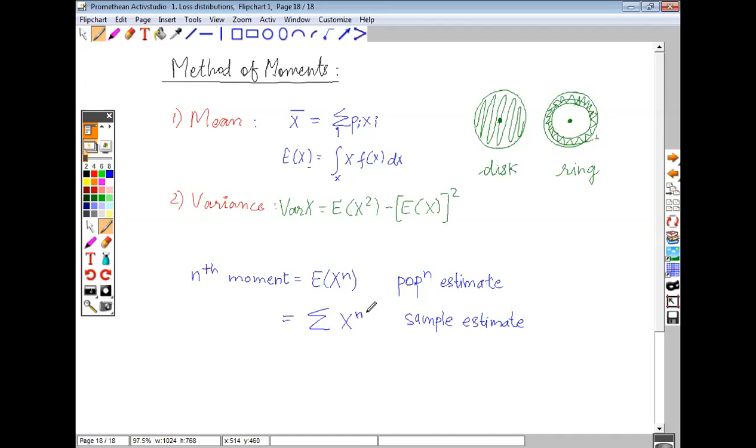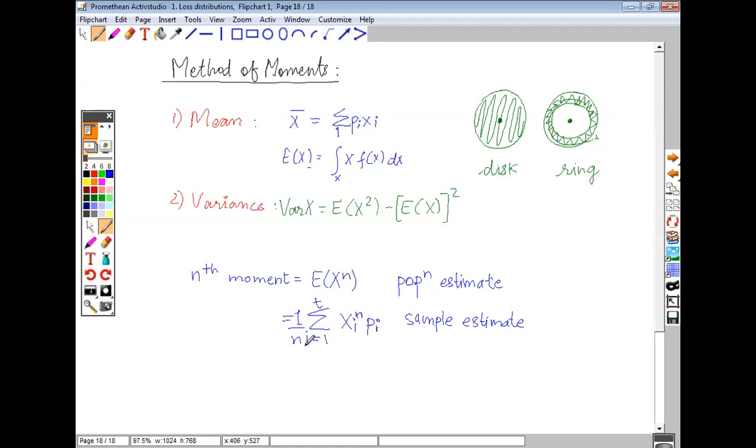You can have x i's here and p i's here, and that would just be weighing it by the probability, by the chance of it occurring. And you will have this i across all the, generally you have n here, but because I've already used n, I'll just write t here. And you take average of it sometimes.